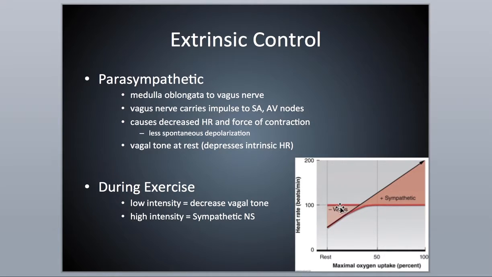You can see from the figure here, it's right around 100, basically the red line right here, 100 beats per minute. That's the intrinsic heart rate. If we didn't have any response from either the parasympathetic nervous system or the sympathetic nervous system, our heart rate would be at 100.